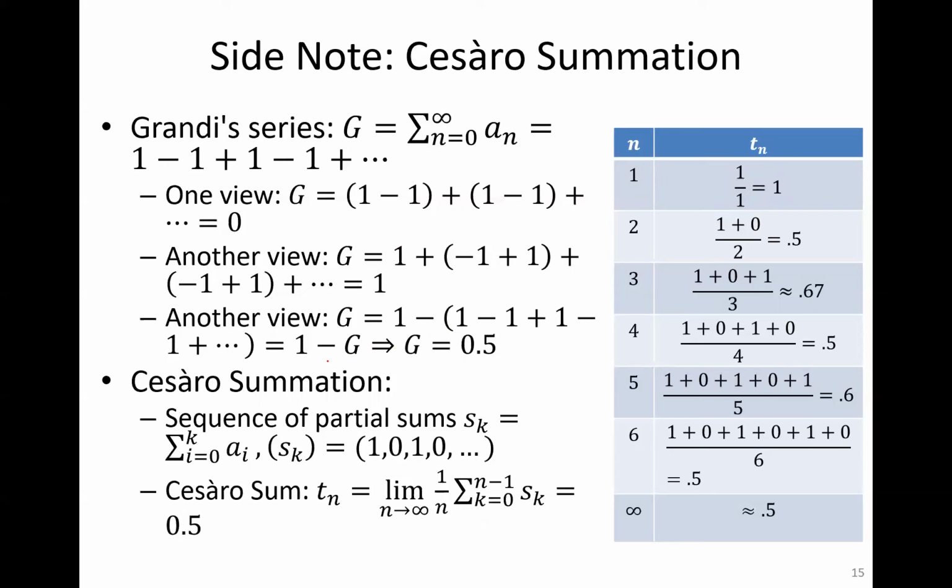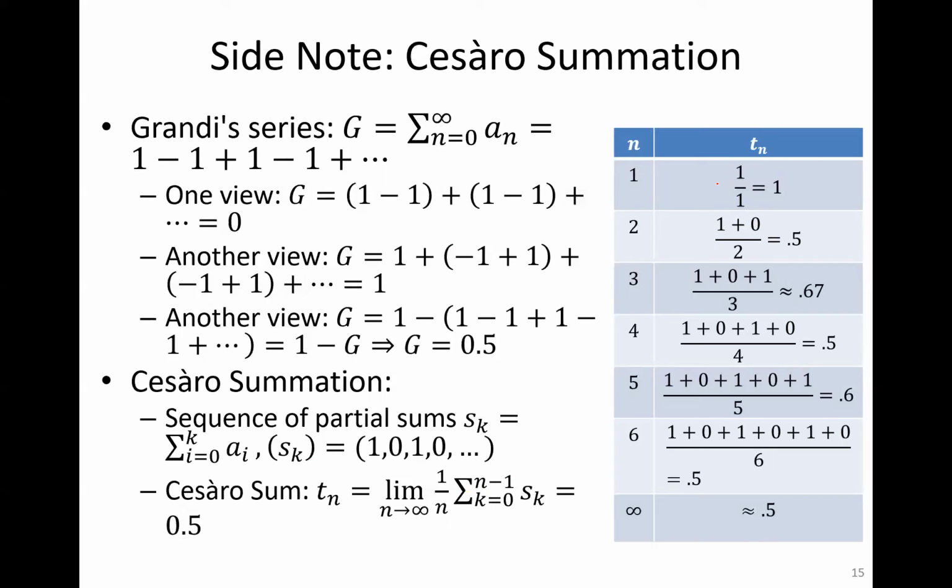Cesaro summation is defined as the limit, as n goes to infinity, of the partial sums averaged over the number of partial sums.